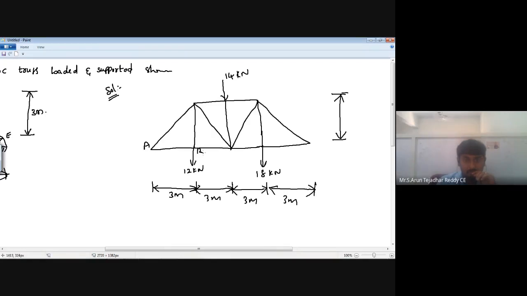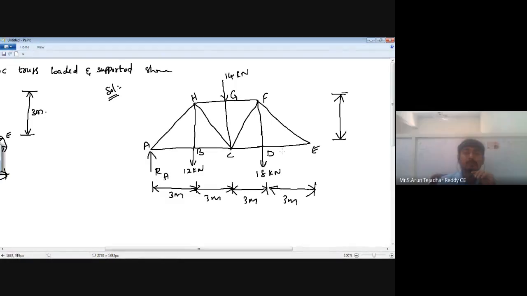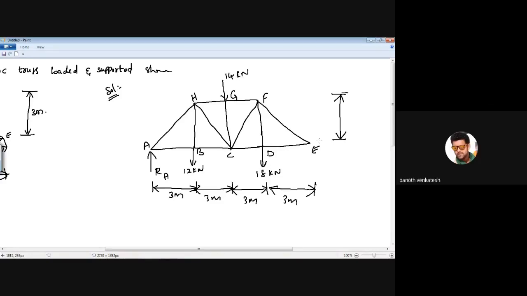A, B, C, D, E, F, G, H. So at point A, roller support, only one reaction is acting. Then it is called as RA. Next, hinge support, it is having two reactions.